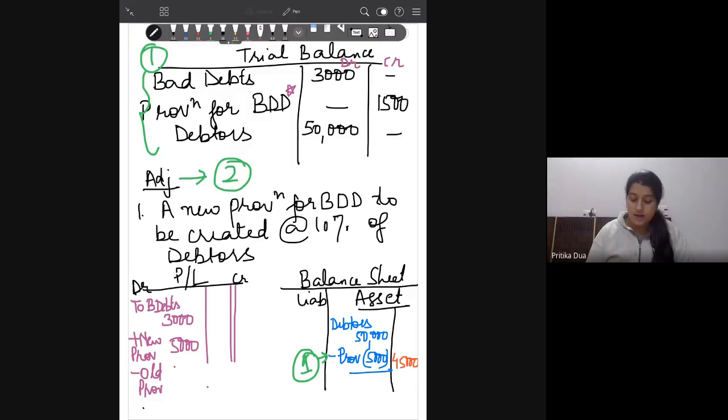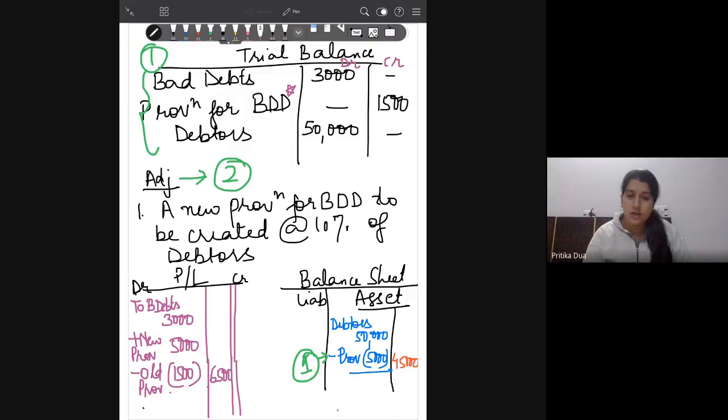So now you get the final amount of bad debts to be debited as 6500. You have created an additional provision of 3500 in the current year, because a provision of 1500 was already with you, so you have subtracted the old provision from the amount of the new provision.